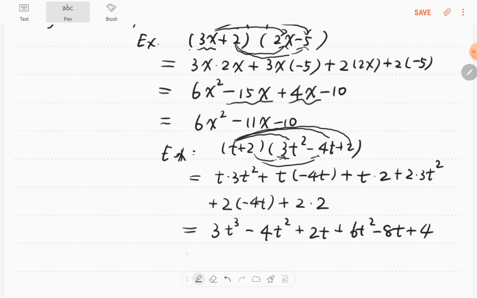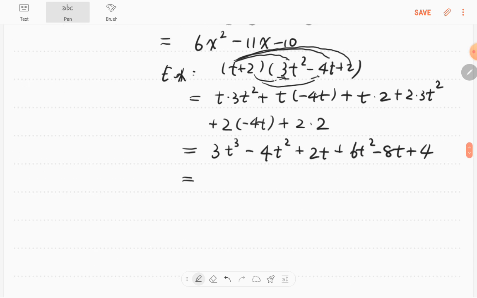After that, we still need to check if we can combine any like terms. We start with the left side, 3t to the third. Okay, we cannot find a like term. Then we check the t squared part. We have the like term.